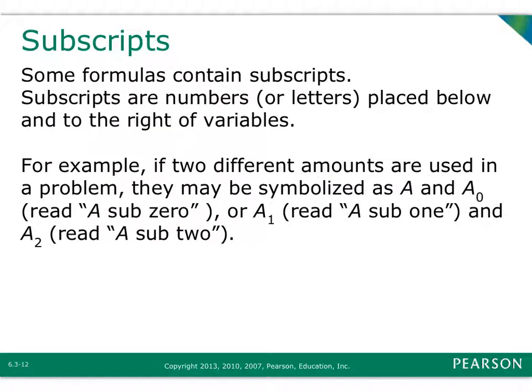Some formulas contain subscripts. Subscripts are numbers or letters placed below and to the right of the variable. For example, if we have two different amounts that are used in a problem, they may be symbolized as A or A naught. The A sub 0 refers to A naught, A1 reads A sub 1, and A2 reads A sub 2.